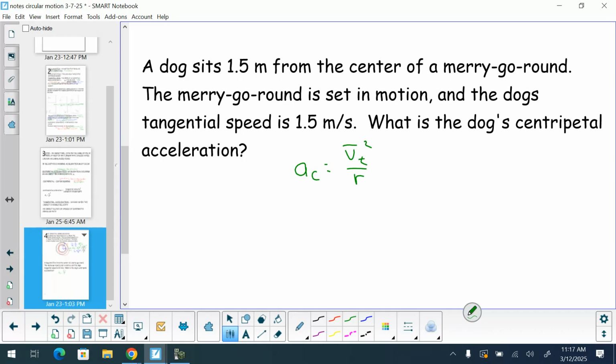We can find our centripetal acceleration by taking the average tangential velocity squared divided by our radius. Well, we have an average tangential speed of 1.5 meters per second. Now we have to square that. And the dog sits 1.5 meters from the center.